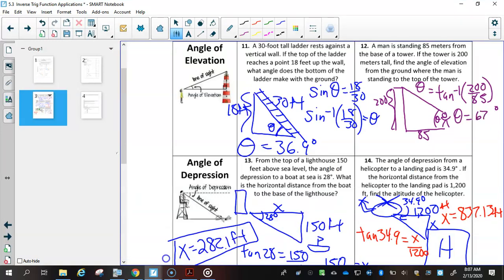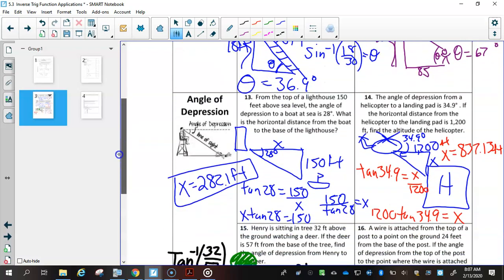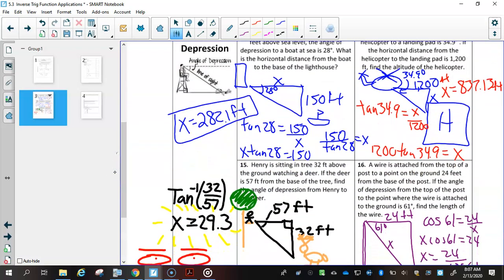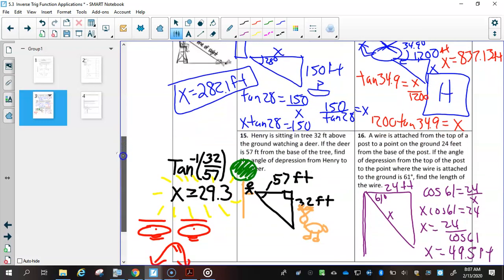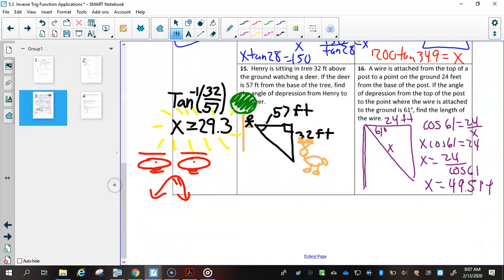I may need to check my other ones just in case. Miss Thor. Yes. 15 was 29.3 for X. I found 60. Did you get a different answer for that one?